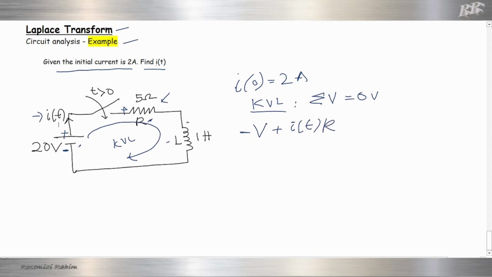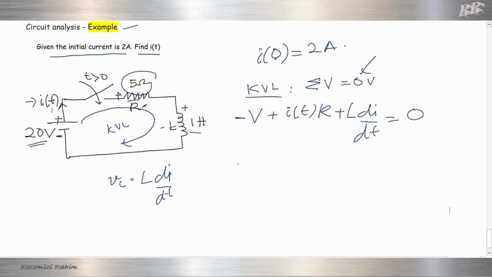Then the voltage drop at the inductor: for an inductor the voltage is V_L equal to L di over dt, the change of current times inductance L. So the sum of these three terms is equal to 0.